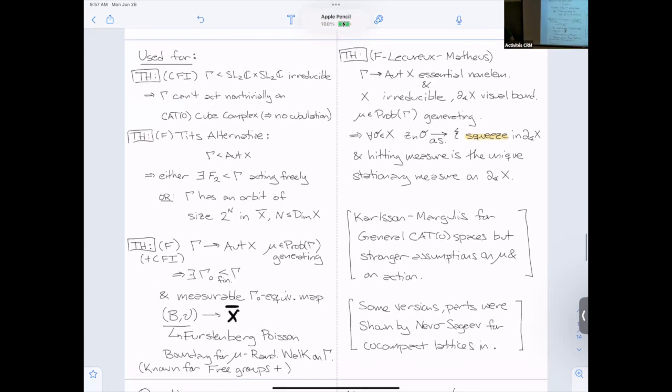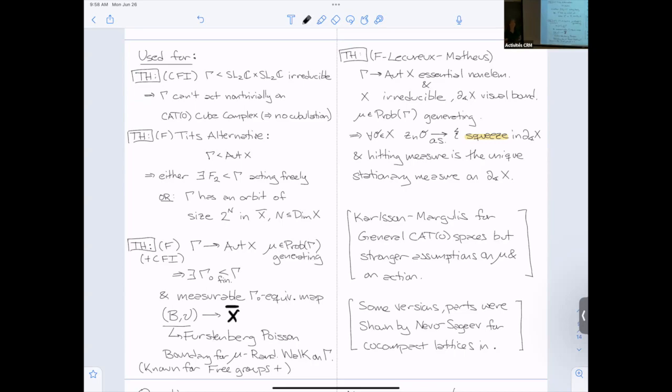Okay, what else? If you have an essential non-elementary action and X is irreducible this time, then you can turn the visual boundary into a geometric model for the Furstenberg-Poisson boundary. And moreover, the random walk converges to the boundary.